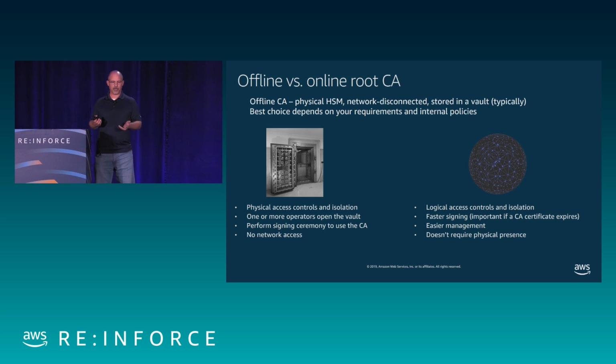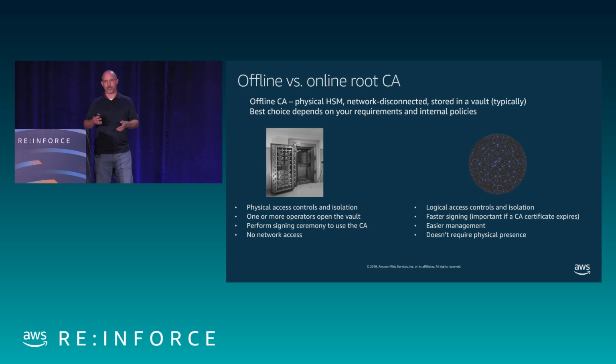What an offline CA is, essentially, is a physical HSM, it's never connected to the network, and it's typically stored in a vault. So it requires physical access. Frequently, it requires two-person access to get to the CA. And of course, the main benefit of this is the no network access. It literally requires physical control of the device, and as long as you can control the physical access to the device, you can control what certificates are issued.